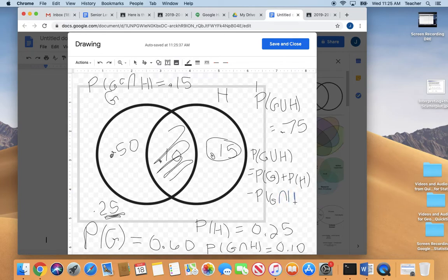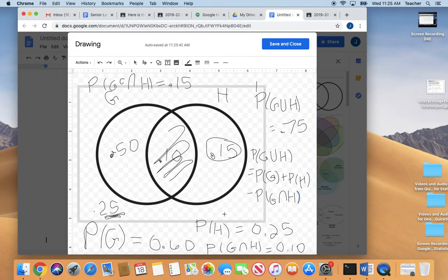So if you literally plugged in those numbers for problem number 6, and the probability of G, you would have 0.60. The probability of H is 0.25, and the probability of G and H is 0.10.